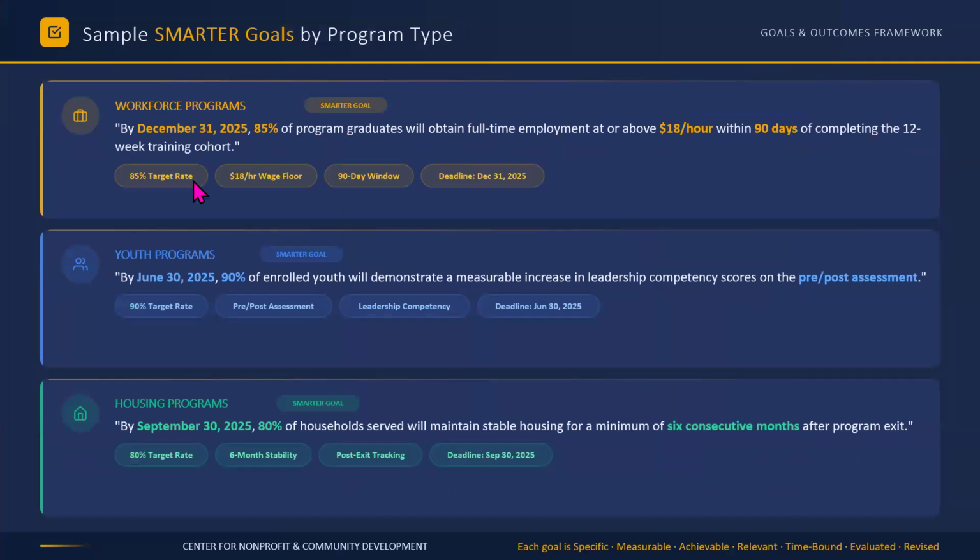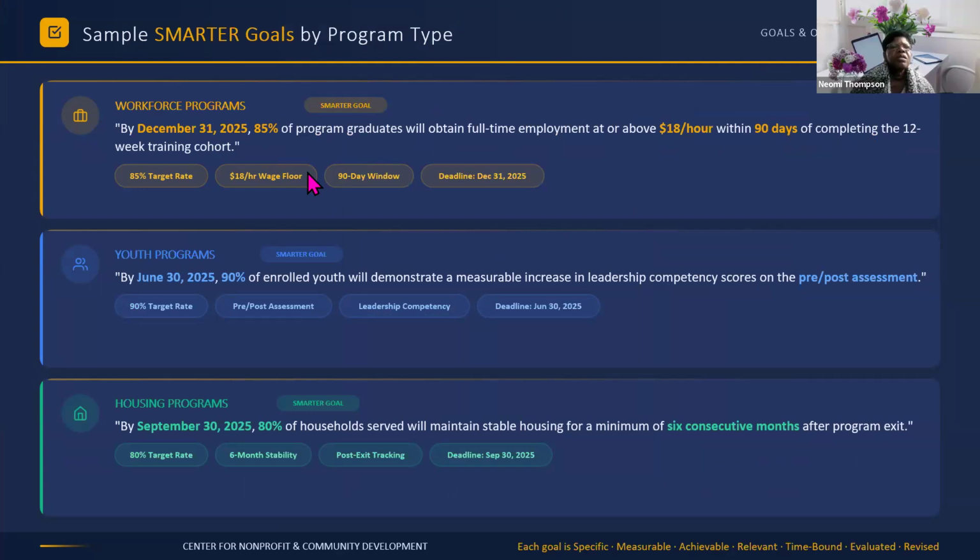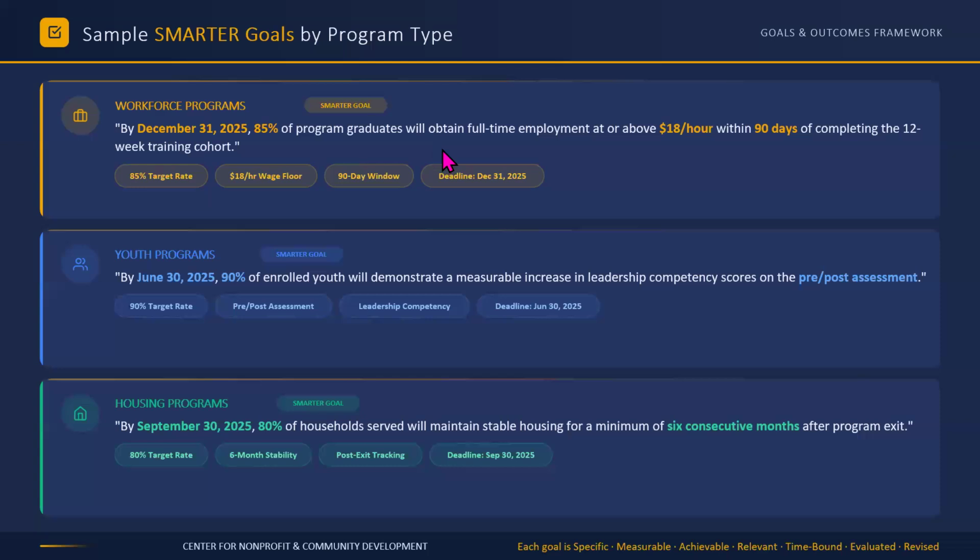So they give an example. By December 31st, 2025, 85% of program graduates will attain full-time employment at or above $18 per hour within 90 days of completing the work training cohort.